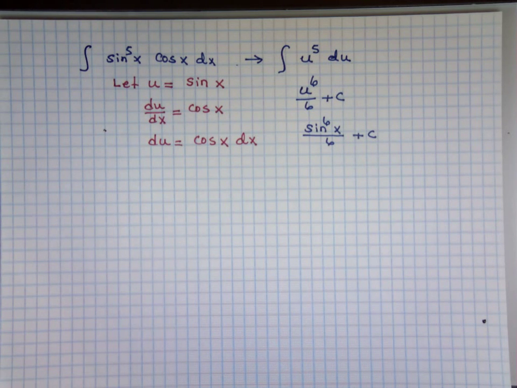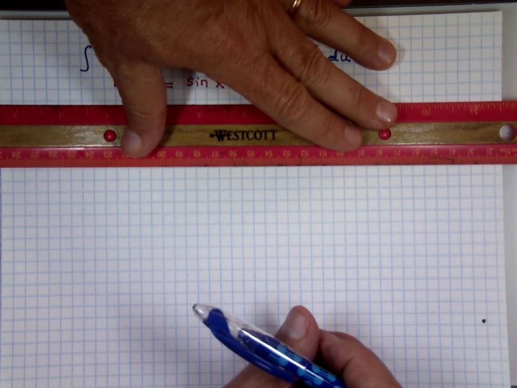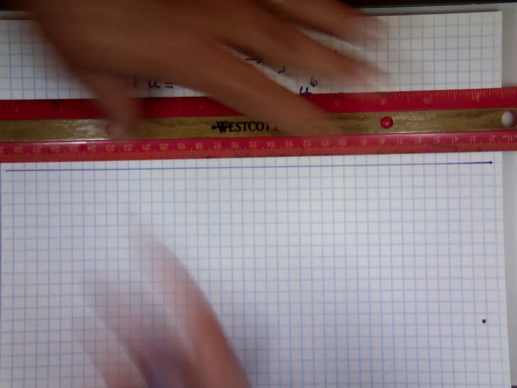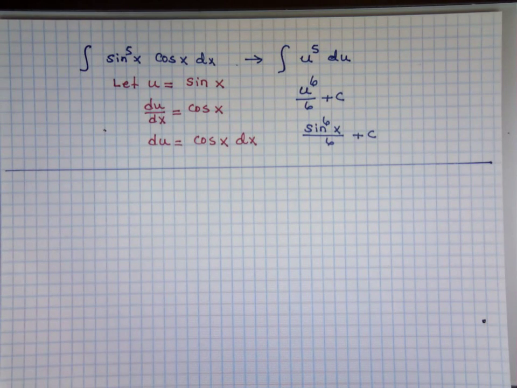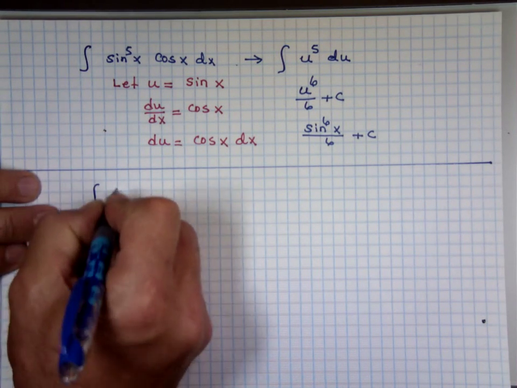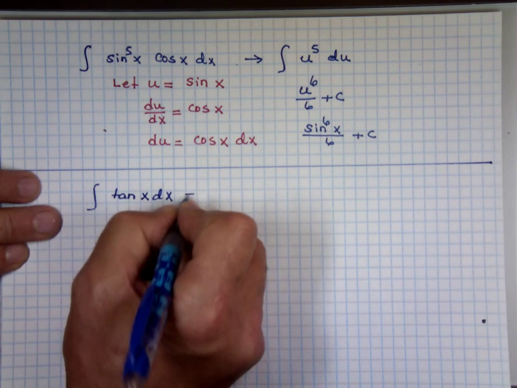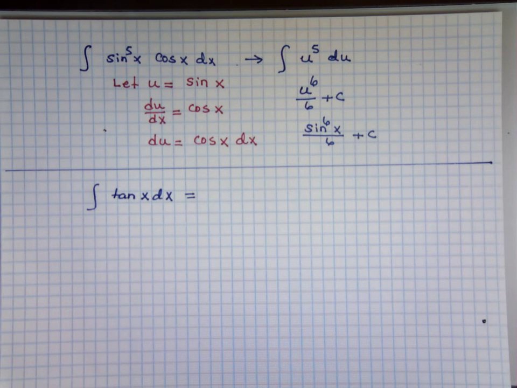One came to my mind. I'll make that maybe my last one with u substitution. I thought about the integral of tangent. Not derivative, the integral of tangent. Tangent is what? Sine over cosine, isn't it?